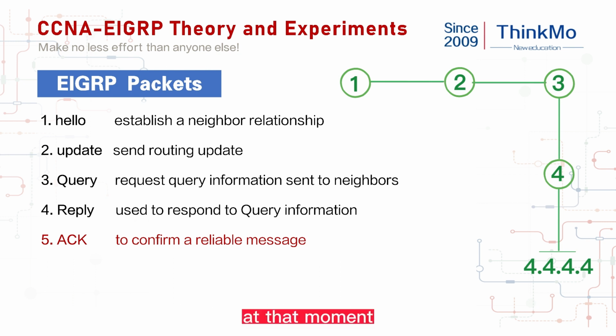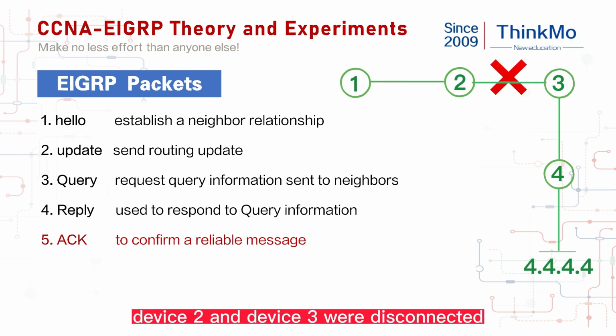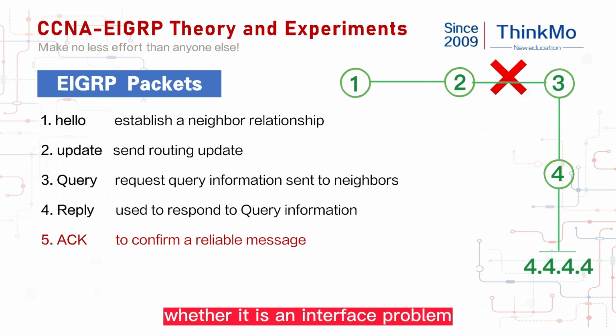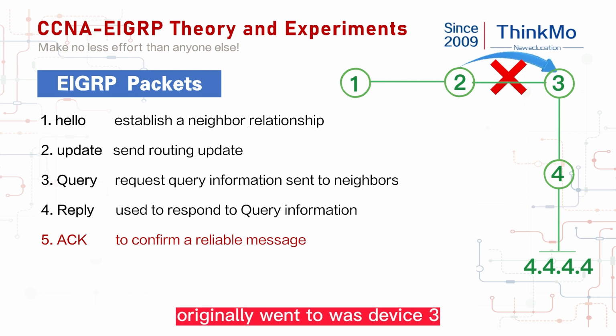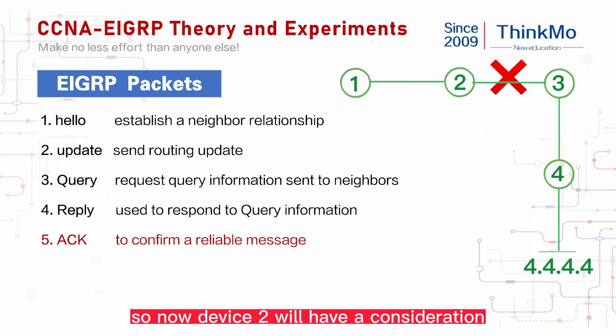At that moment, device 2 and device 3 were disconnected. Whether it is an interface problem or line problem, they both broke. So first for device 2, the next hop that device 2 originally went to was device 3. So now device 2 will have a consideration.